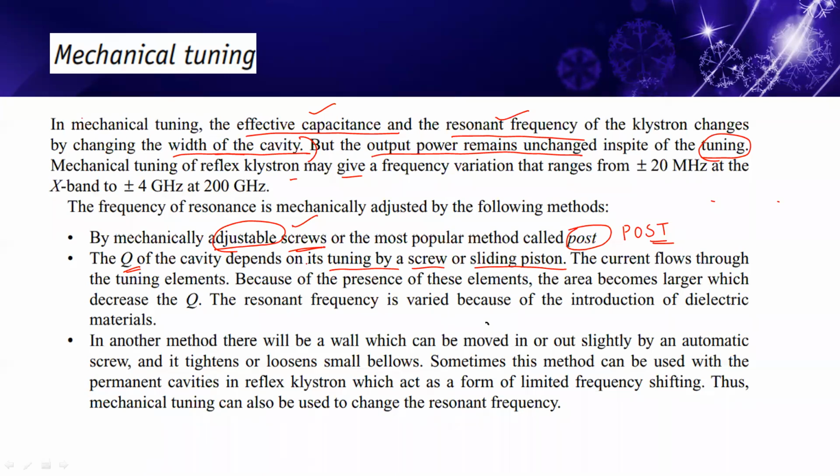By properly adjusting the screw, or sliding the piston, in the hardware of the reflex klystron, the quality factor can be controlled. Similarly, we have to maintain proper current flow through the tuning elements, because the area becomes larger with the decreasing of the quality factor.